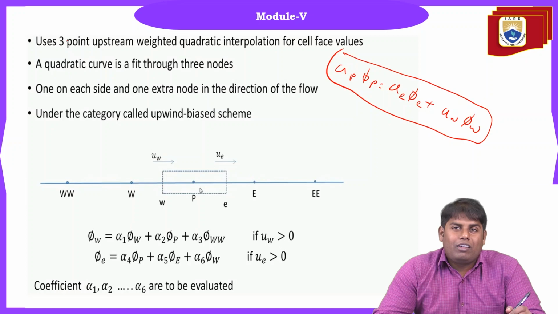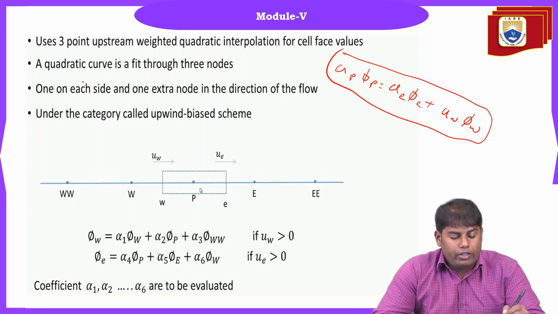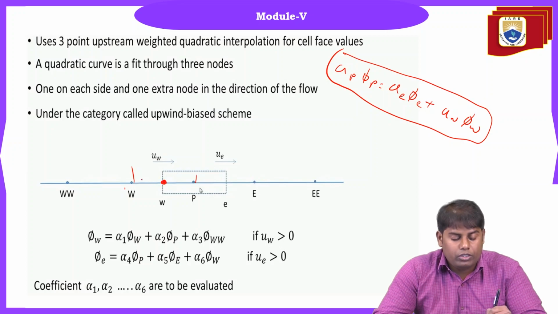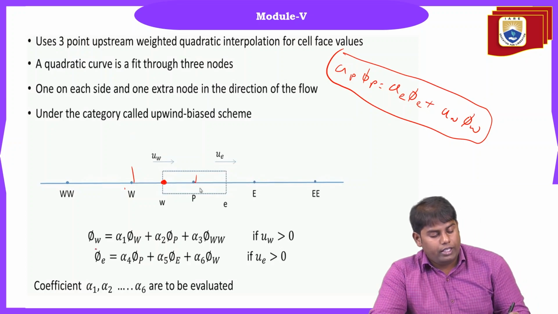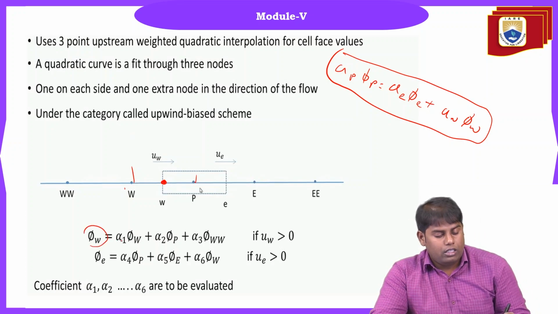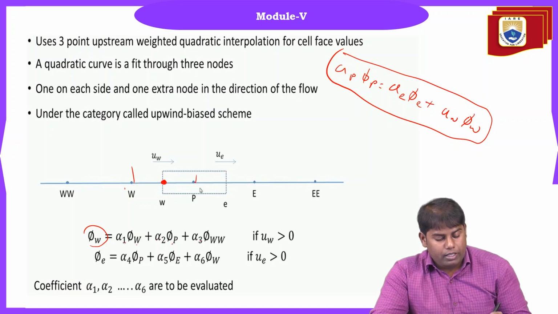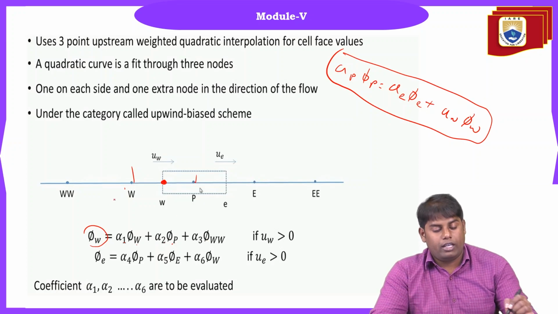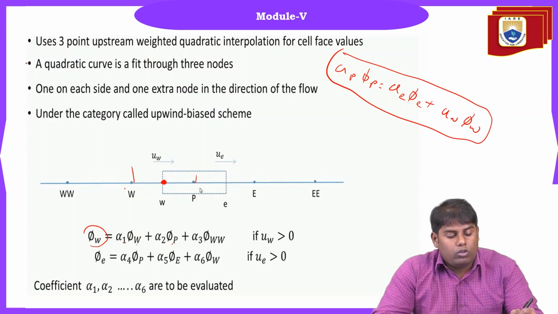Previously we have done only the average. Let's say you have this point and this point. Since we assume this one is in between these two, we are taking the average of W and P. Now, when we do the weighted average, when we do interpolation, you can see phi of w can be written as alpha 1 phi WW plus alpha 2 phi W plus alpha 3 phi P. So we will take all these three considerations into account, for the three nodes.